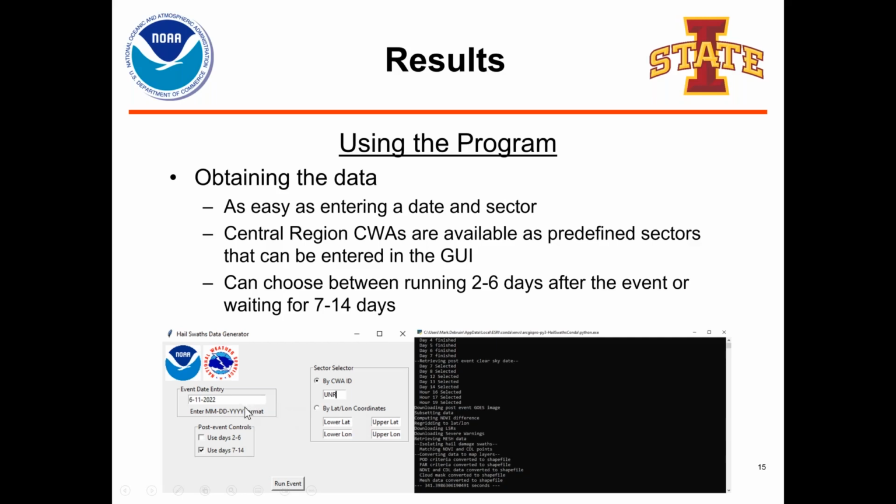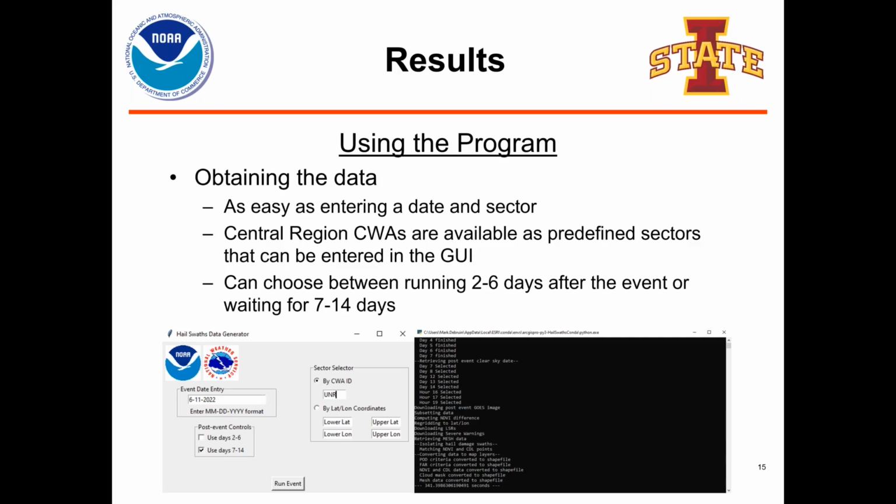So then there's the date entry, and I also added post-event controls because we found that the 7 to 14 day range is the most favorable for getting the best visual of those hail swaths. However, we recognize that there's usefulness in running this earlier, and you don't have to wait a full week after the event to be able to run this.